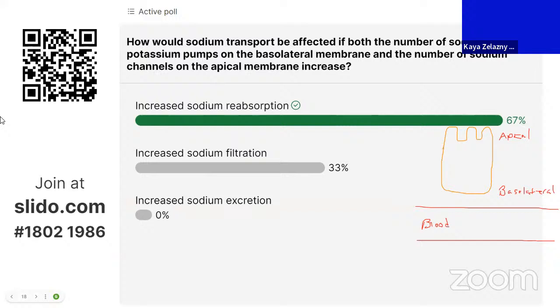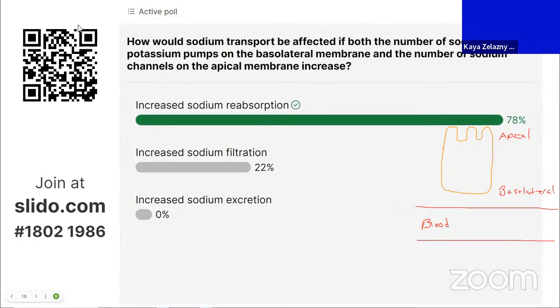Okay, cool. So the majority are with us, but what you've just done is predicted what's going to happen in the presence of aldosterone. We're going to increase our sodium potassium transporters here, so sodium goes out, potassium goes in. So what we've just done is we've dropped down that sodium concentration in the cell.